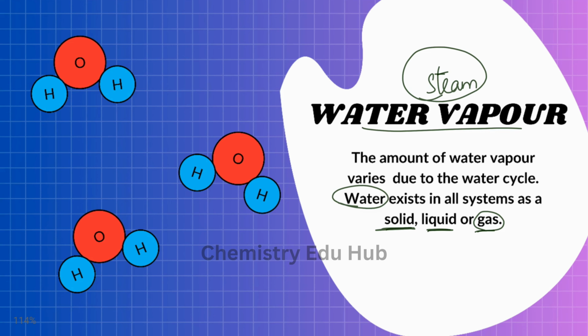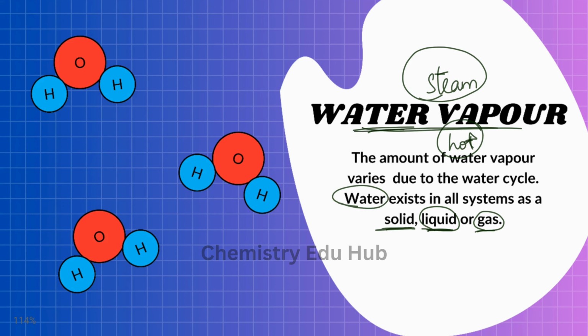Now this water that is in the form of salt water or fresh water, due to the sun's rays, what happens? It turns into water vapor. This water vapor, as it is hot, will rise to the atmospheric level and exist as one of the gases of the air.